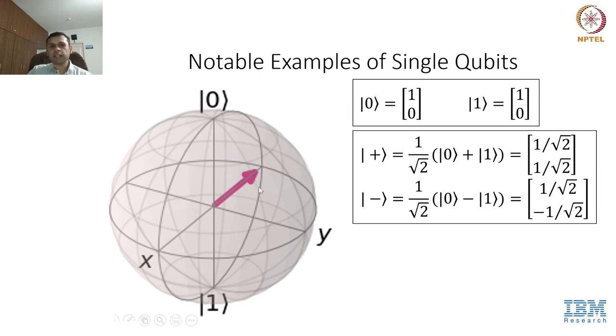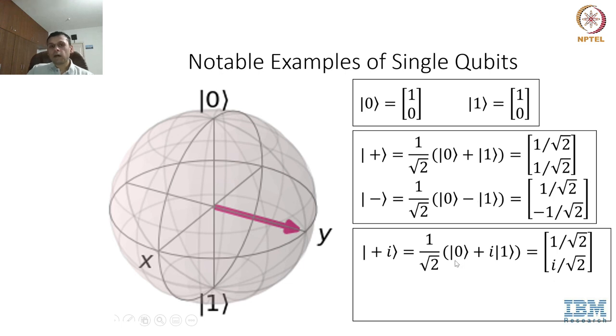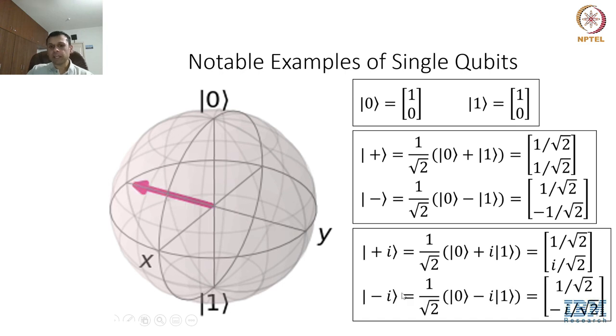Similarly, our minus state lies at the other end of the x-axis, and it's similar to plus, except that the sign on the 1 is negative. At both ends of the y-axis, we have what we call the plus i vector and the minus i vector.